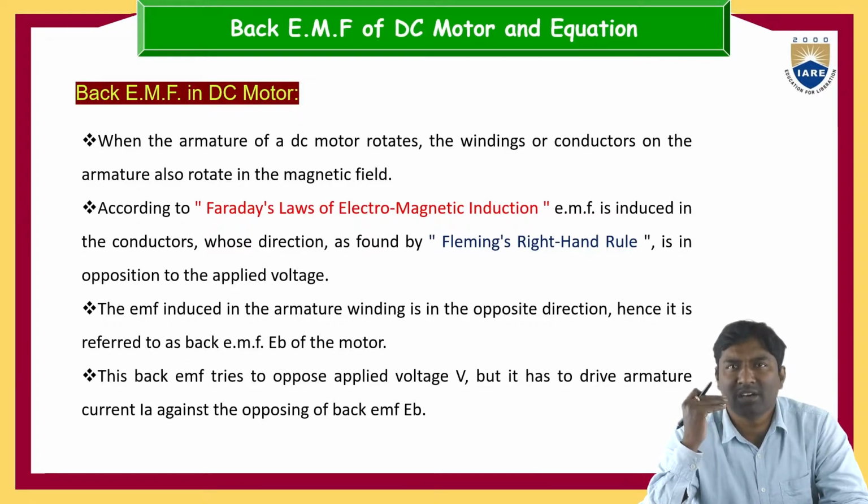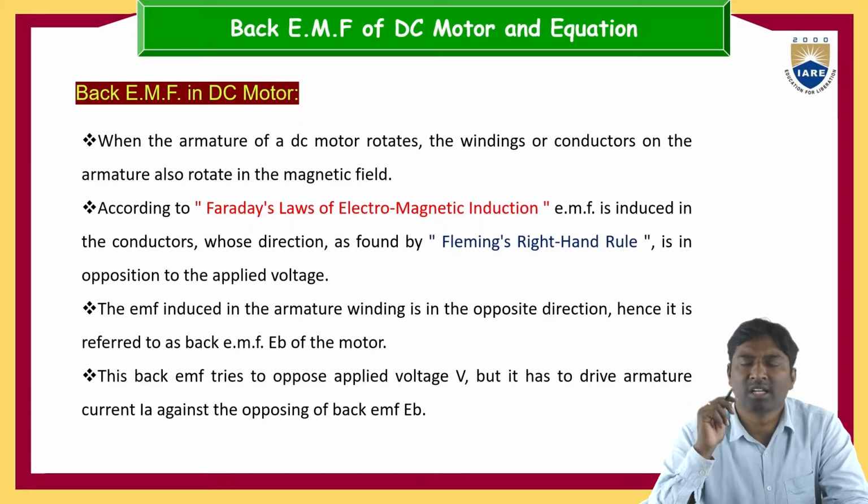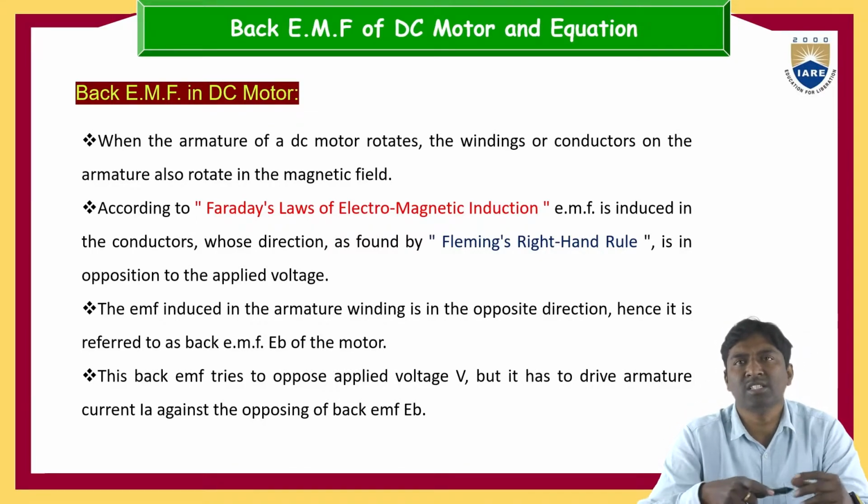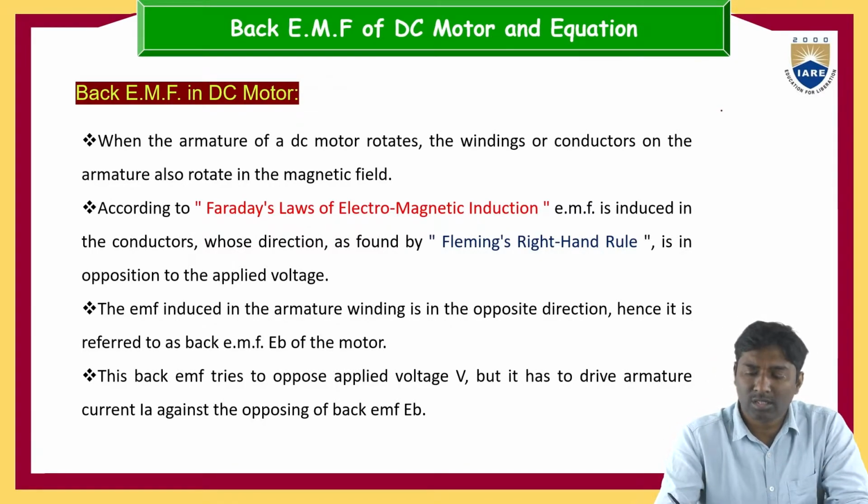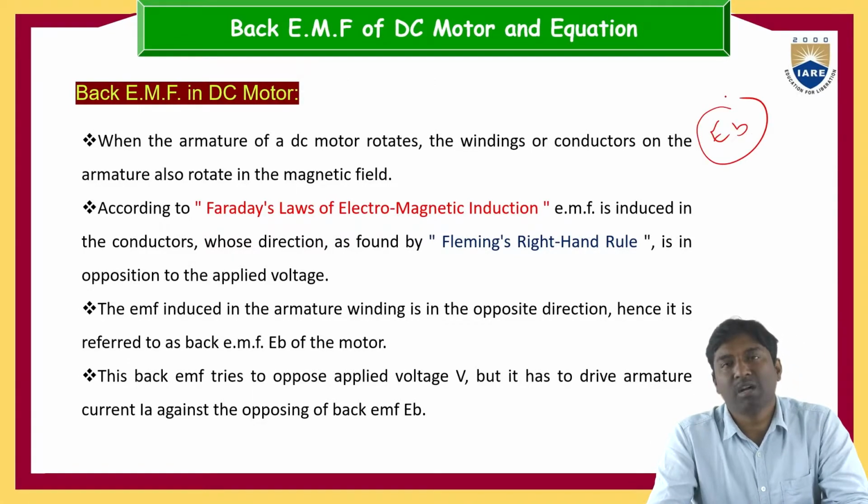Whatever induced EMF we get in the armature winding is in the opposite direction, that's why it is referred to as back EMF. It is denoted by E suffix B, the symbol of the back EMF in a DC motor.